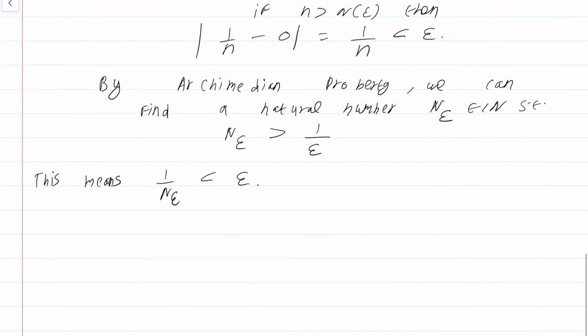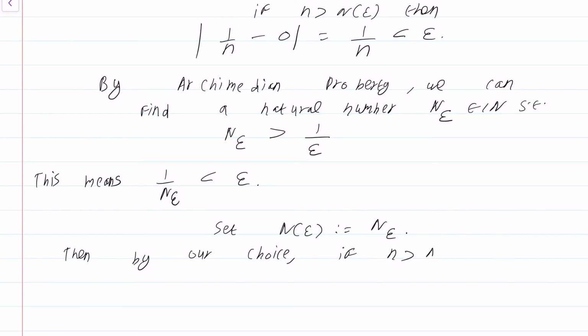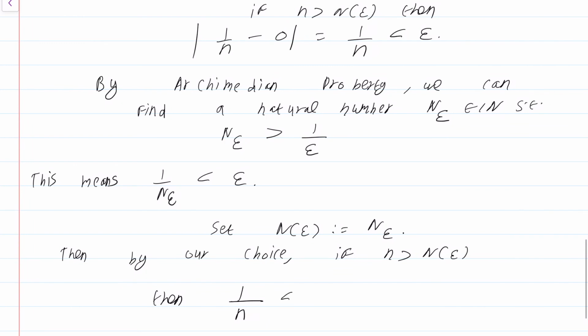Okay. Now, just set N of epsilon to be this N epsilon. Then by our choice, if small n is greater than N epsilon, then 1 by n is definitely going to be less than 1 by N of epsilon, because n is greater than N of epsilon, which is less than epsilon.